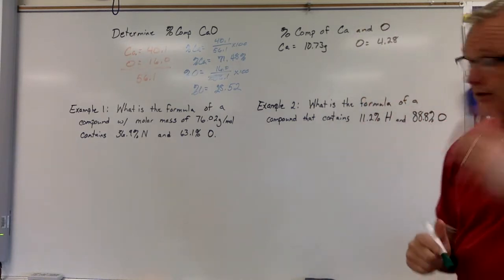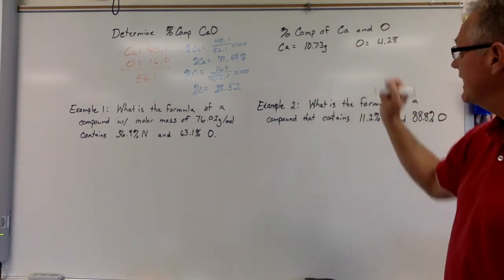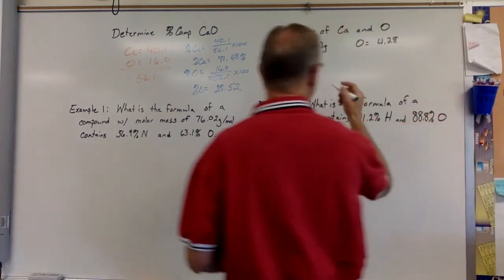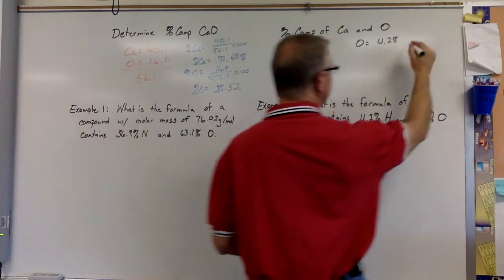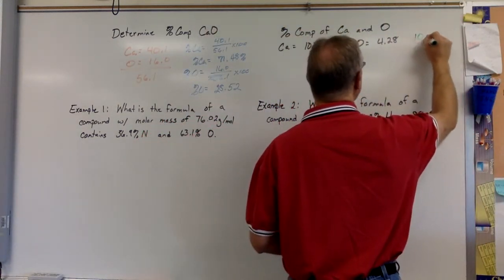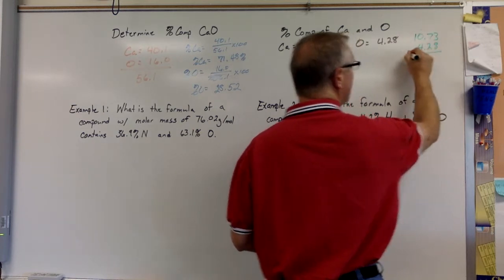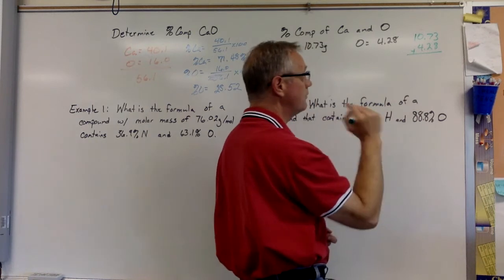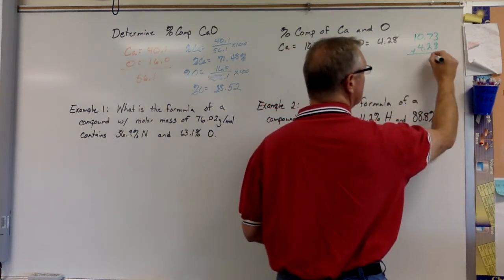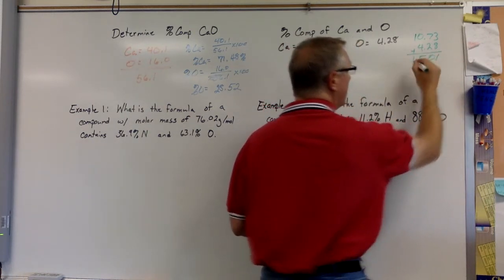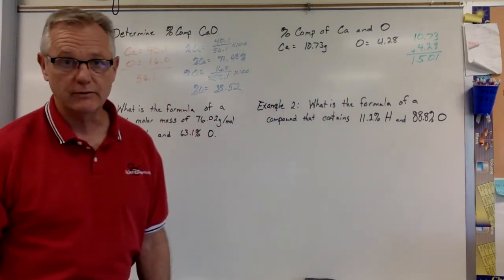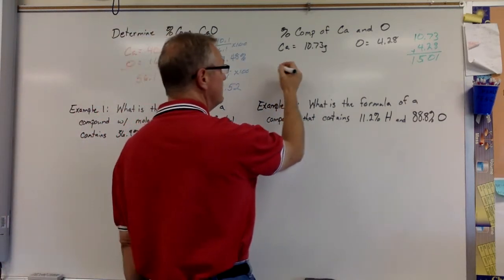If I add those two together, I will get the total. So 10.73 plus the 4.28, I get 15.01. So, part divided by whole.